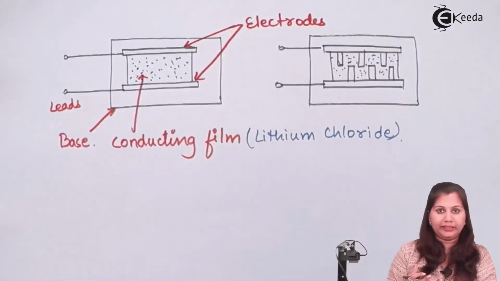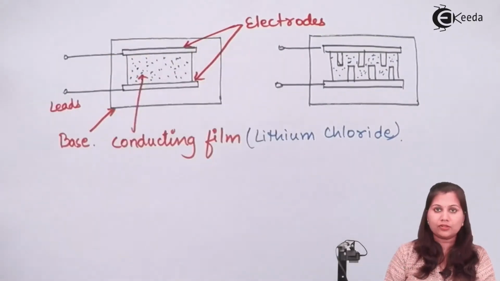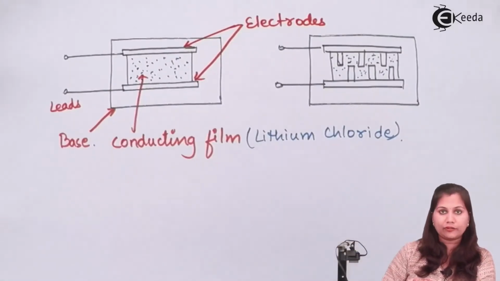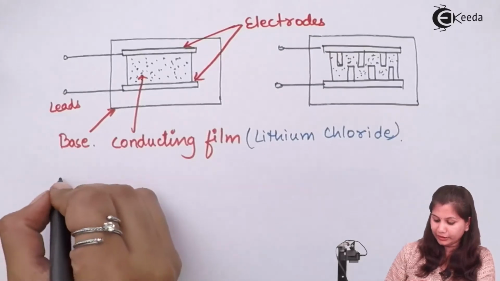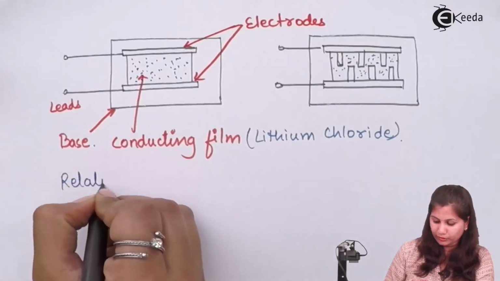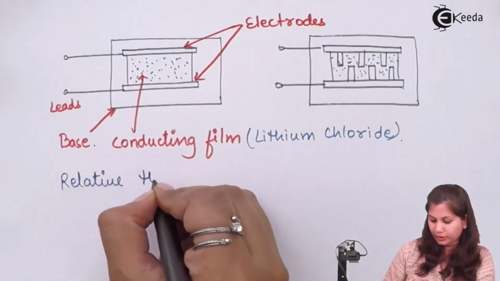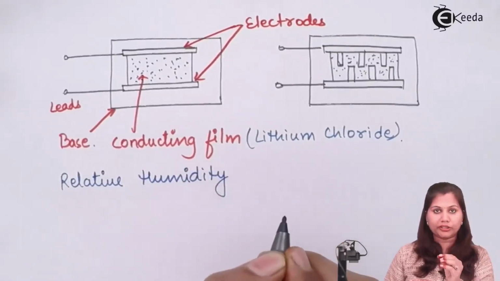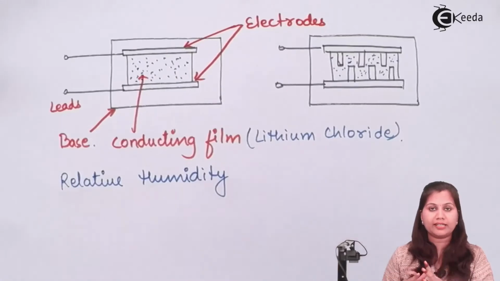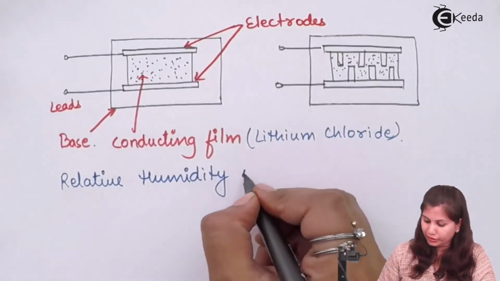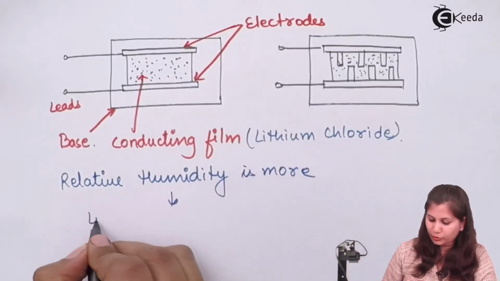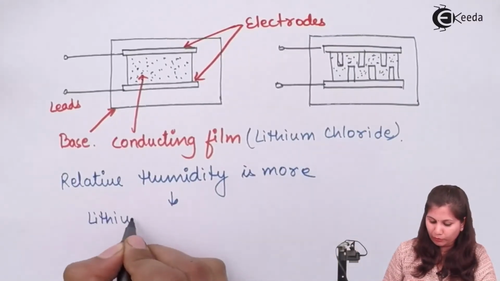So as the humidity changes, the resistance of the material also changes. If we take the case of lithium chloride, if the relative humidity is more, meaning the content of water vapor present in the air is more, then lithium chloride is going to absorb more moisture.